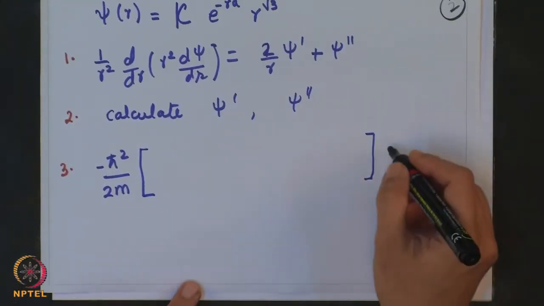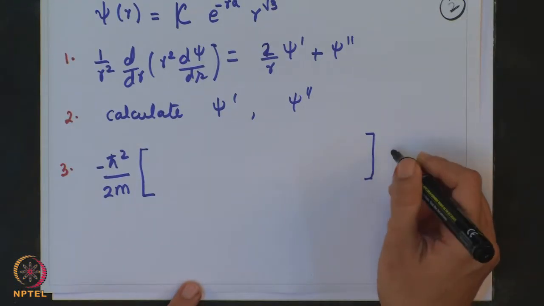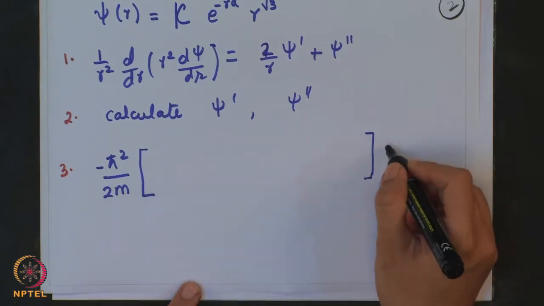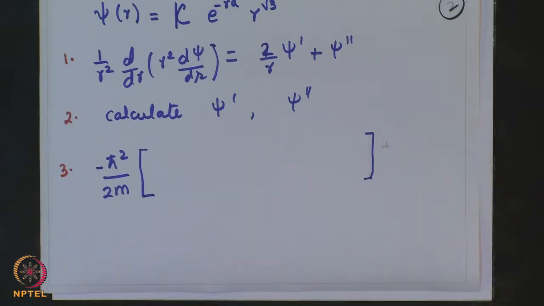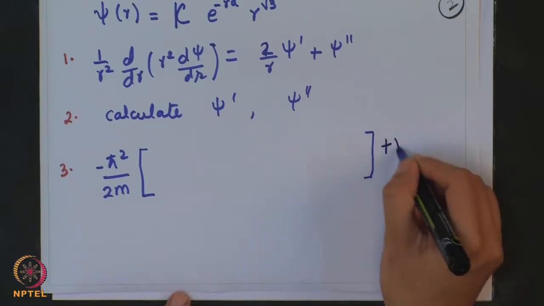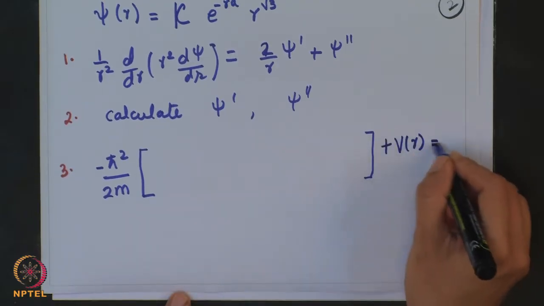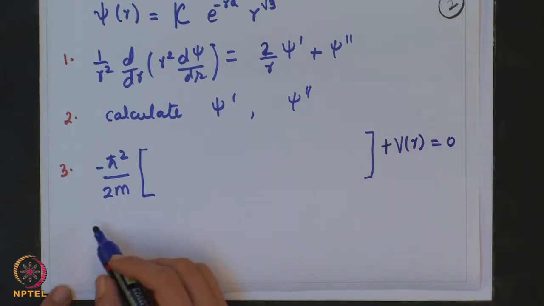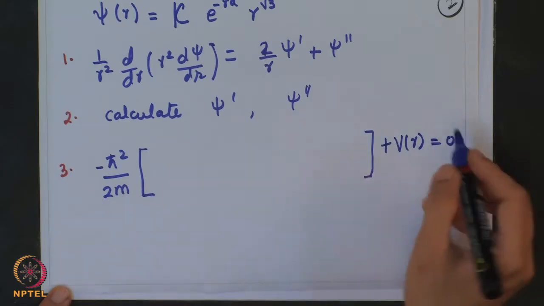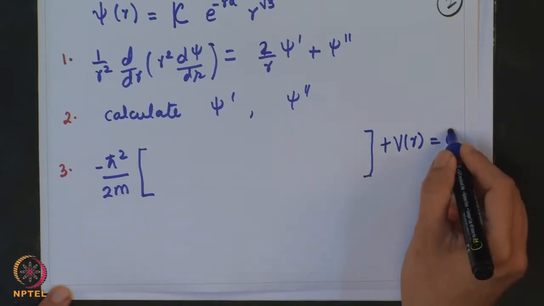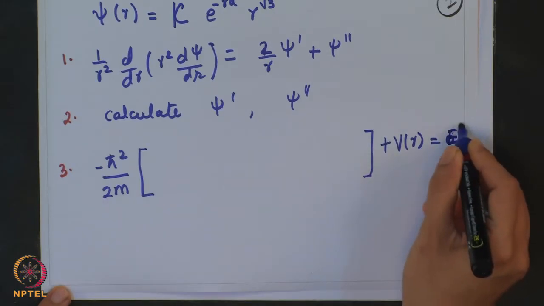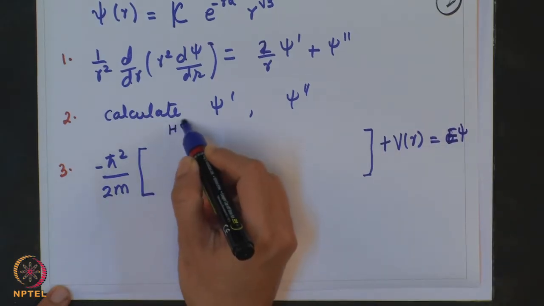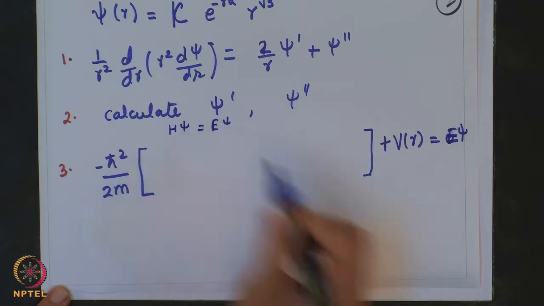And then you equate this to 0, plus you will have a V of r psi term. So, what you obtain will be E psi actually, not 0, because we are doing H psi is equal to E psi, right.